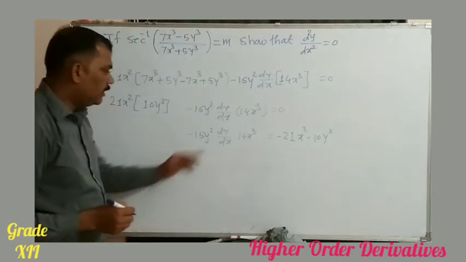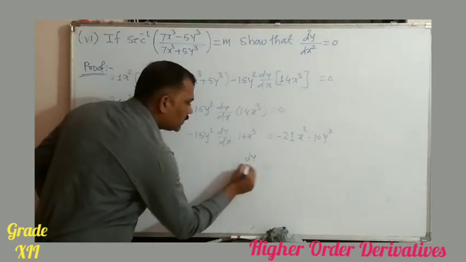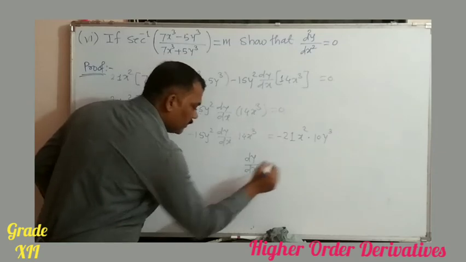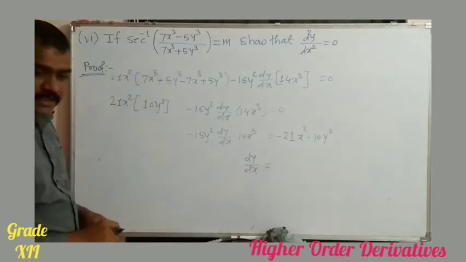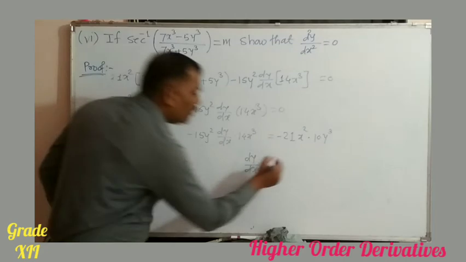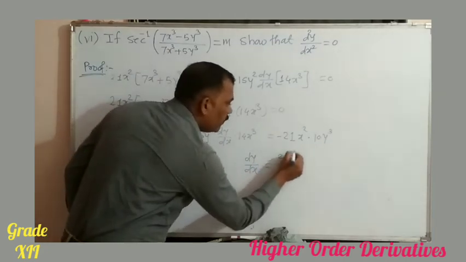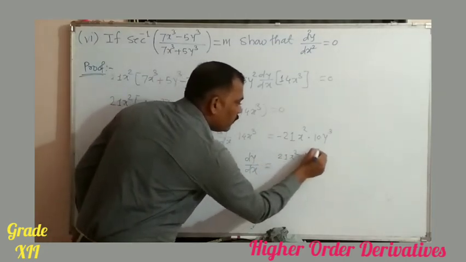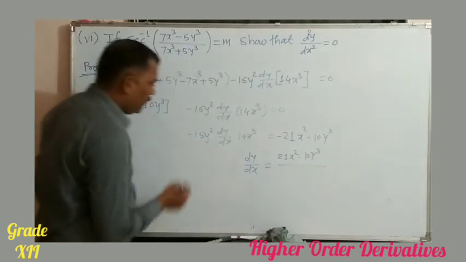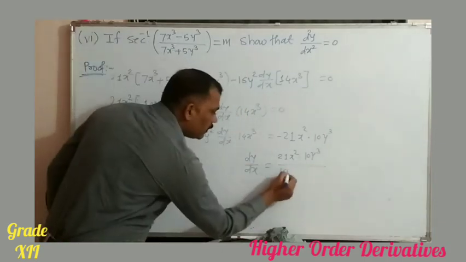Okay, so here we can write dy by dx is equal to, minus minus get cancelled, so what remains is 21x square into 10y cube divided by 15y square.